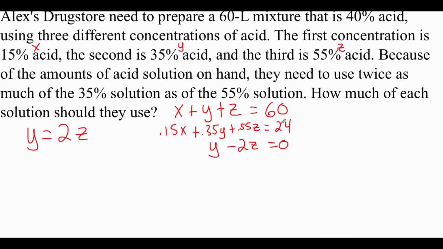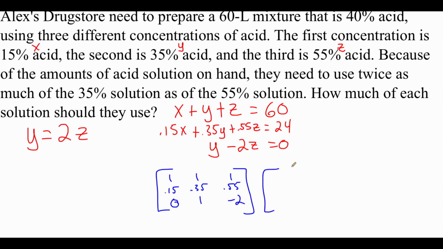Now I'm going to take this system of equations and turn it into some matrices so that I can use my calculator to help me solve this. So my coefficient matrix is going to look like 1, 1, 1, 0.15, 0.35, and 0.55, and then 0, 1, negative 2.